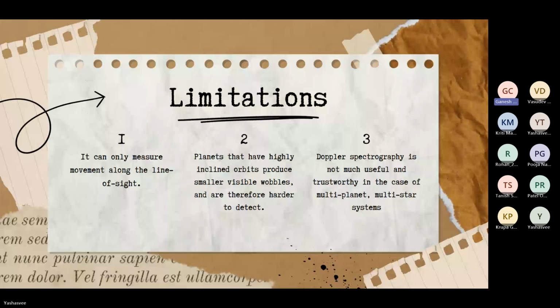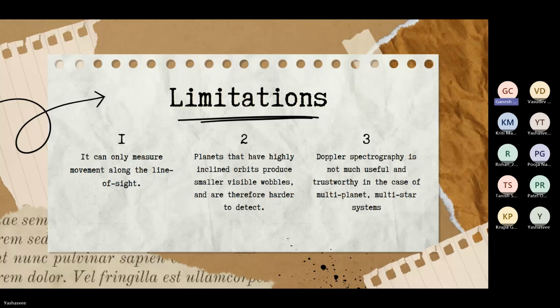First, it can only measure movement along the line of sight. Second, planets that have highly inclined orbits produce smaller visible wobbles and are therefore harder to detect. Third, the Doppler spectroscopy, which is also called the radial velocity method, is not very useful and trustworthy in case of multi-planet or multi-star systems.